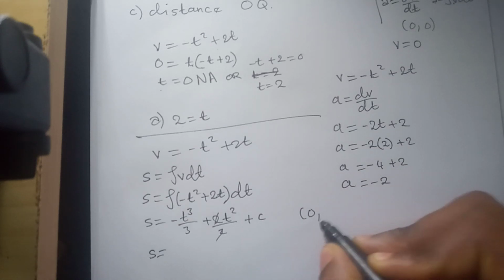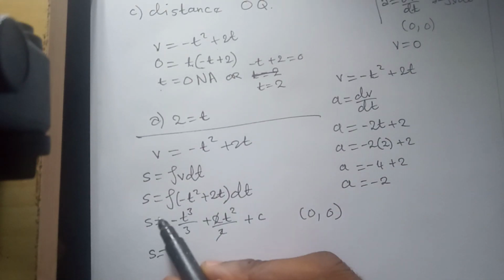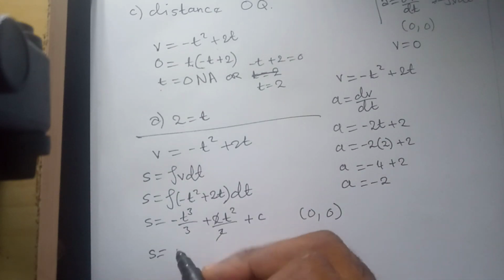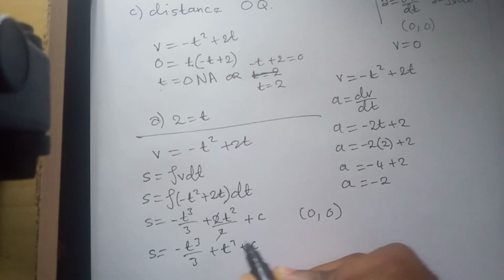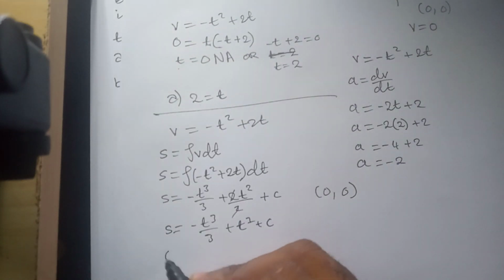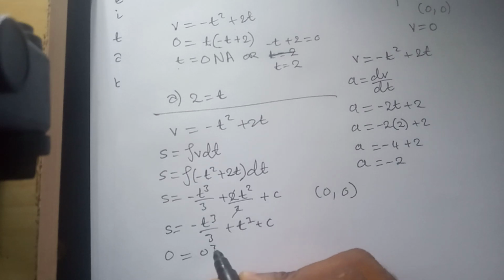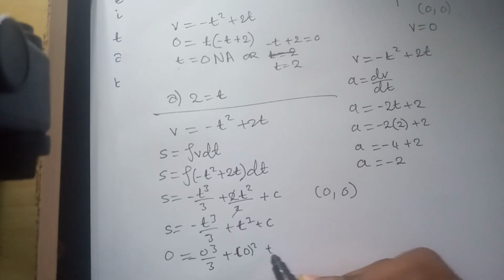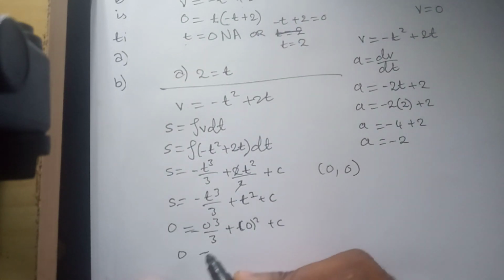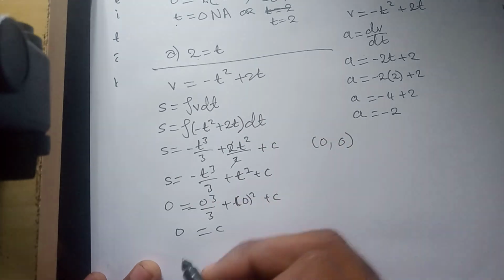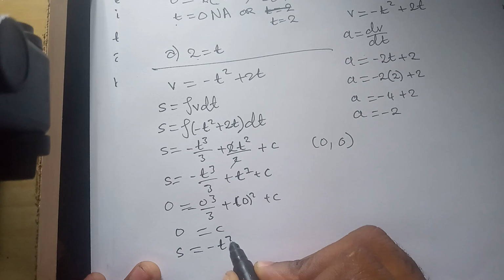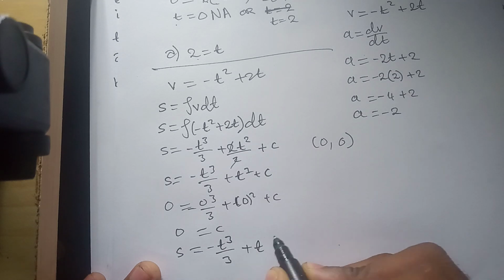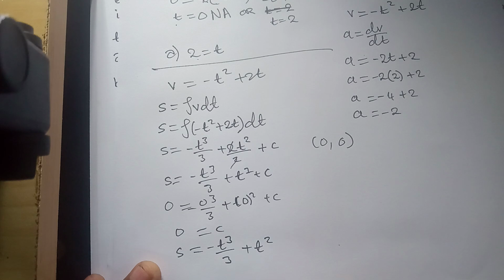If you want, you can substitute your zeros there and you realize that C is 0. So our equation is s is equal to negative t cubed over 3 plus t squared.